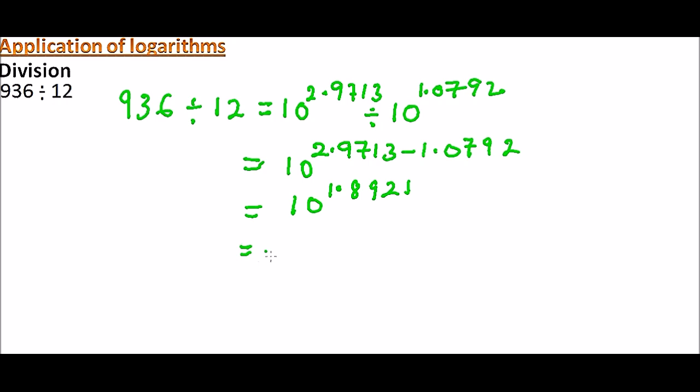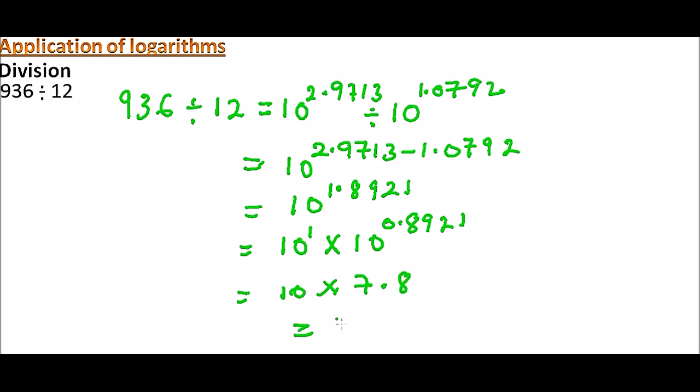We can separate this and say this is 10 to power 1 multiplied by 10 to power 0.8921. So this is 10 multiplied by the anti-logarithm of 0.8921, which is 7.8. So when you multiply by 10, you get 78. You can try using another method and find out whether when you divide 936 by 12, you get 78.